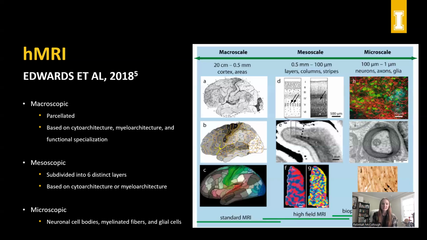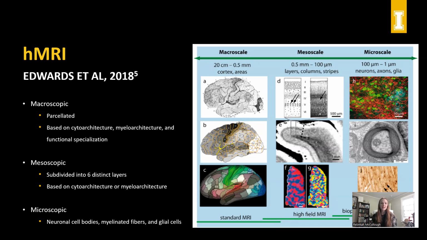Here are some images from the HMRI that I've mentioned earlier by Edwards et al. He broke this down by macroscopic, mesoscopic, and microscopic levels and talks about exactly what we can see on that MRI between each one of those subdivisions.